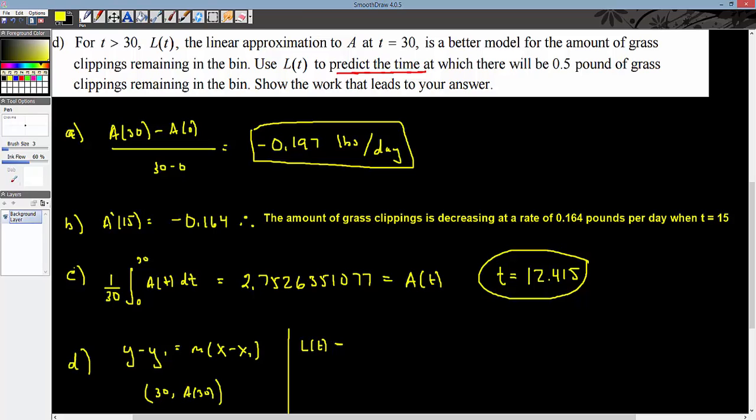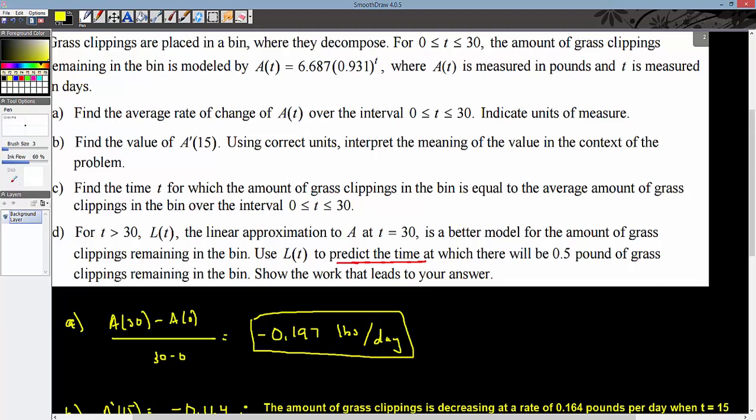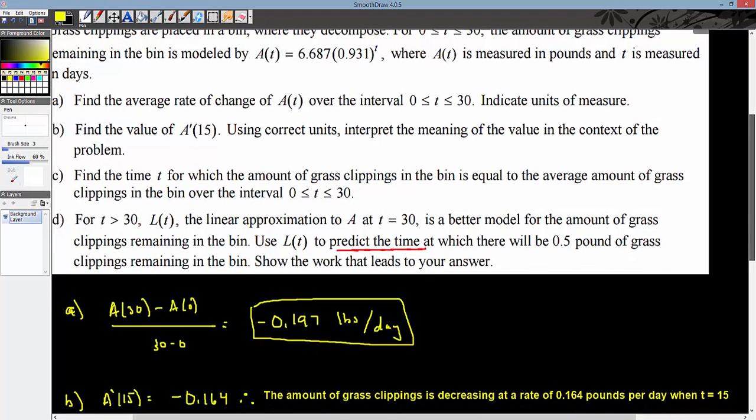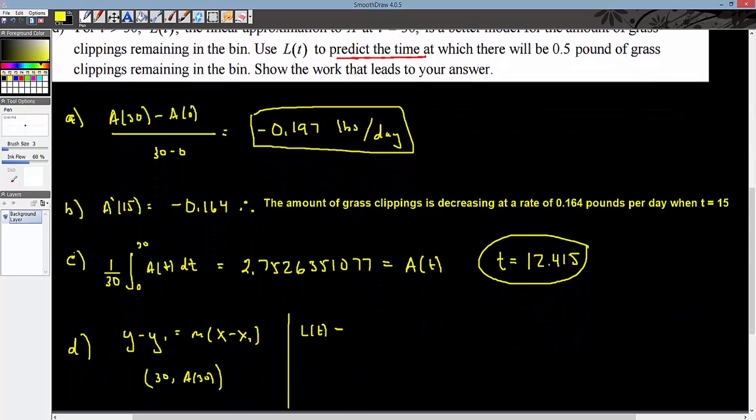Now, this is just a representation of what happens when you take 30 and plug it into this function. I don't really know what this is. All I know is that I'm going to push it into the calculator, and it's going to do it. So I can say that 30 comma A of 30 are going to be my two coordinates that I use in this linear approximation.